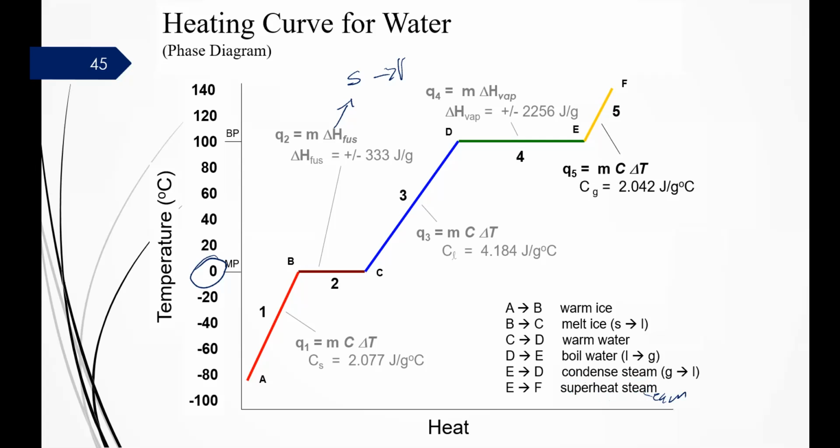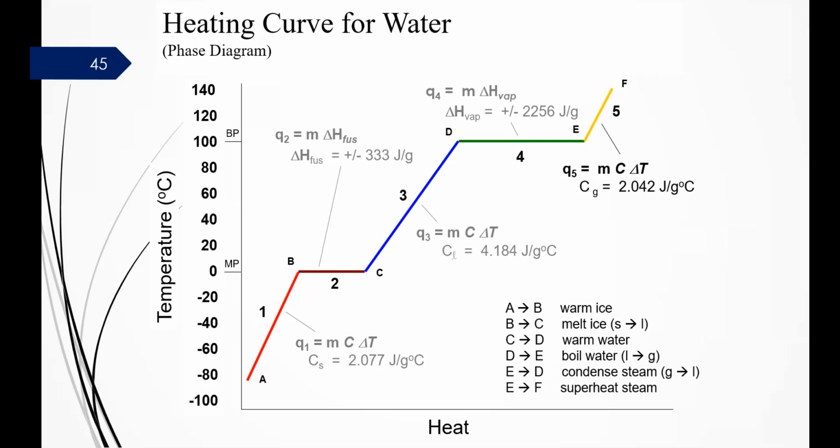It can become a very involved process as you go through these heating curves for water. This is why for a lot of our calorimetry we try to stay in just one state, so that we don't have to worry about these latent heats. But latent heat is a really useful piece of information.